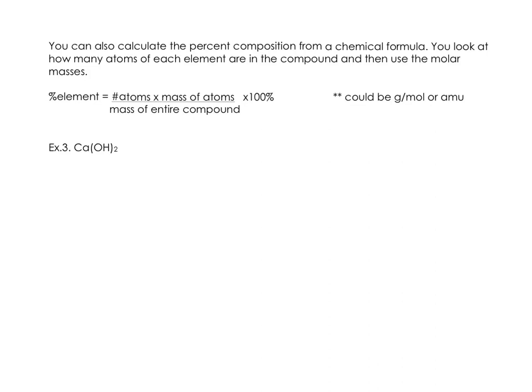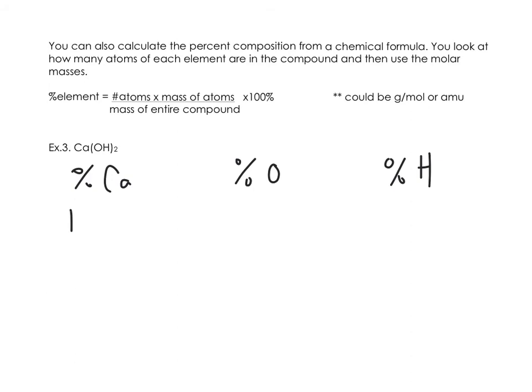Okay, so let's say we want to know the percent composition in calcium hydroxide. So we want to figure out the percent calcium, the percent oxygen, and the percent hydrogen. So there's one atom of calcium in calcium hydroxide.